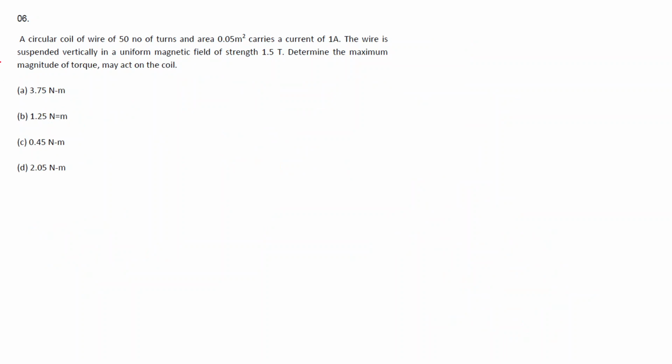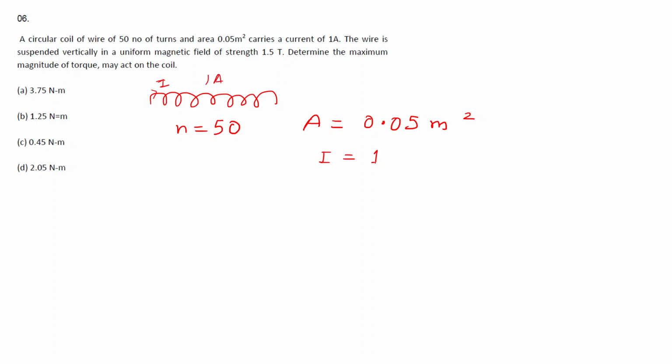A circular coil of wire of 50 turns and area given to be 0.05 meters square. So a circular coil of wire where the number of turns is 50 and the area of the coil is 0.05 meters square, and the current flowing in this coil is 1 ampere.